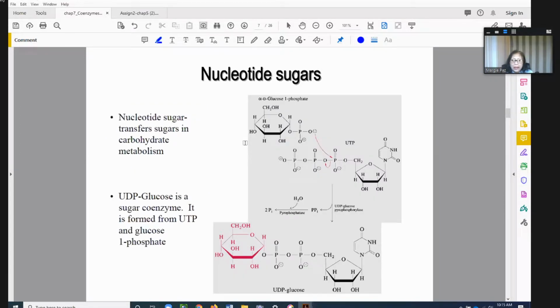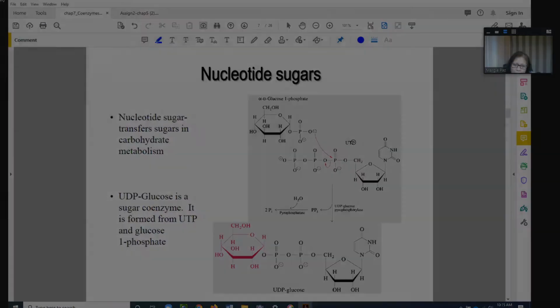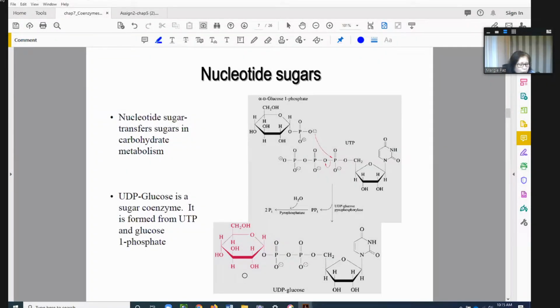Nucleotide sugars like UDP glucose are also metabolite coenzymes. UDP glucose is formed in the reaction of glucose 1-phosphate with uridine triphosphate. And UDP glucose that is formed from that reaction can donate or transfer its glycosyl group, which is highlighted here in red.